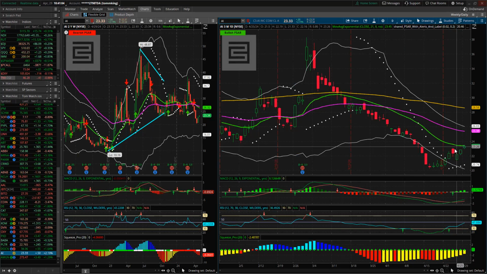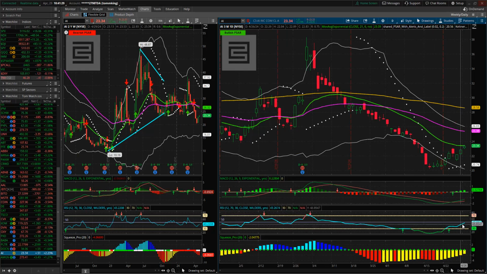You're back to this 21, which could potentially be a bit of a support level on it. So it's something to watch right now. I certainly think you could have played this as a put credit spread. I still think you potentially can play this as a put credit spread.